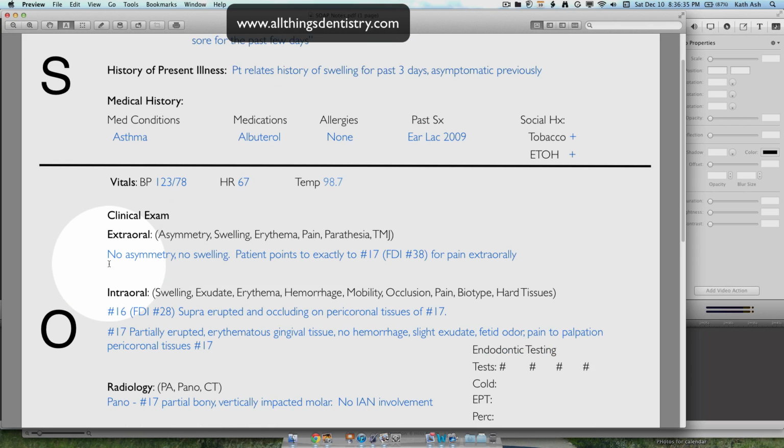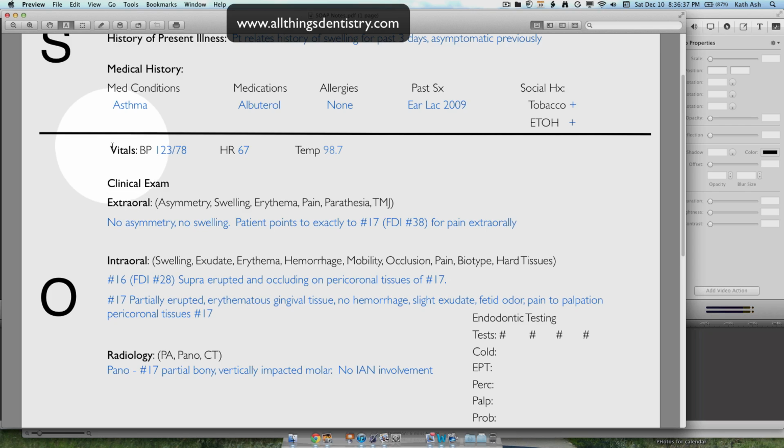Continuing with objective, we take anything we can capture with our eyes or a machine. Vitals are objectively captured. For our clinical exam, we start from out to in, so fairly systematic. Take a look at the patient, step back, and ask them, where does it hurt? Point to the one place where it hurts.